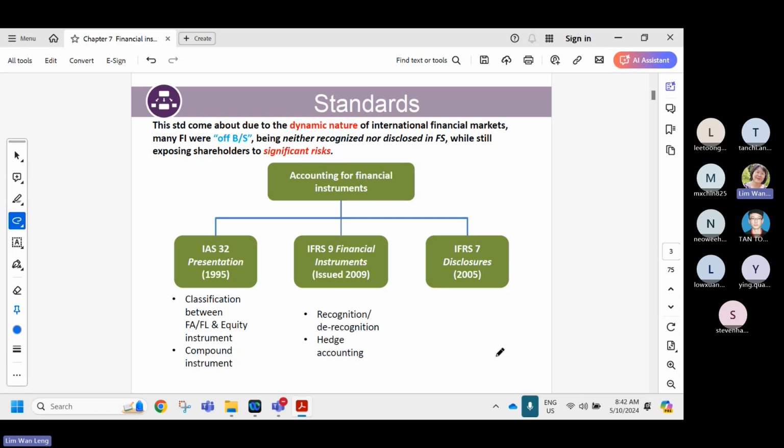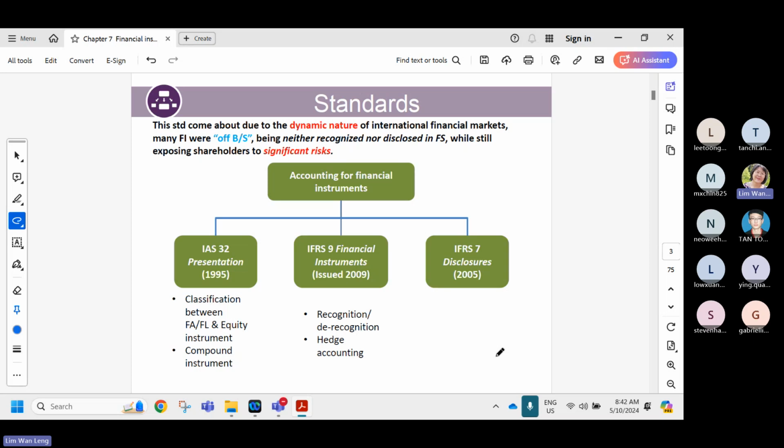Because there was no standard to capture them on the balance sheet, they were just entered into but not reflected on the balance sheet. But not being reflected on the balance sheet does not mean you are not subjected to the risk. The risk is still there. It's just that users of financial statements are not aware, because they can't see it anywhere in the financial statements.